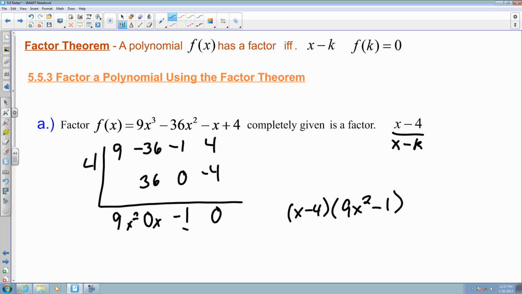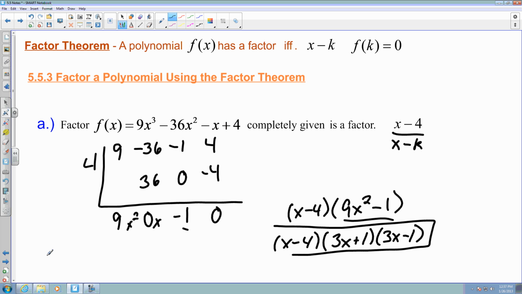Now I can factor this even more because this looks like the difference of two squares, so I can say x minus 4 times the quantity 3x plus 1 times the quantity 3x minus 1. And that is how I can factor out this polynomial completely.